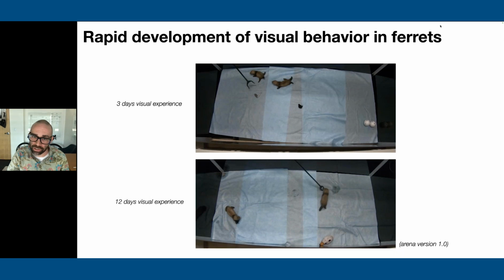They're not very engaged. They're not moving their eyes very much. They're not chasing objects. But then just 9 days later, so 12 days after visual experience, the animals are pretty damn good at chasing cat toys, engaging in hunting-like behaviors. They have a lot of natural behaviors that are just wired up and ready to go really quickly. So within 2 weeks, you've got this very fast onset of this very complex visual behavior.